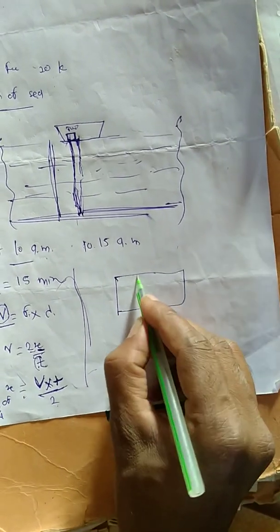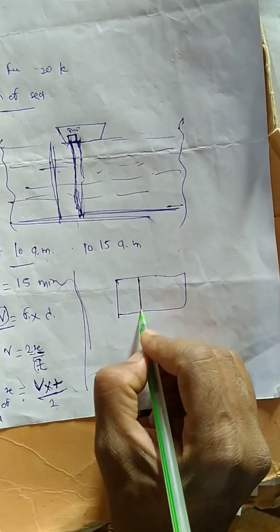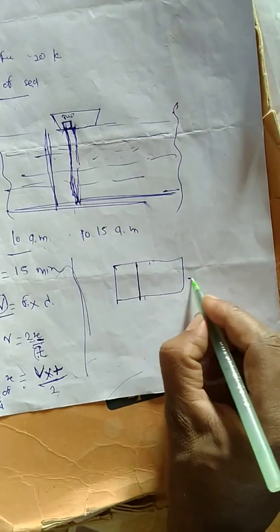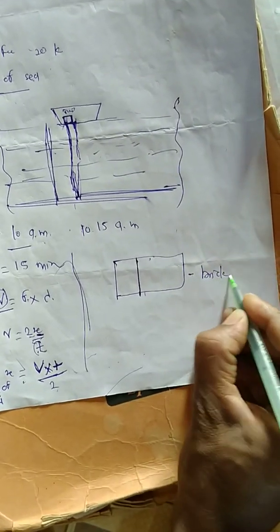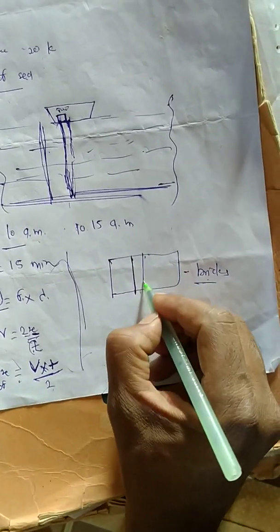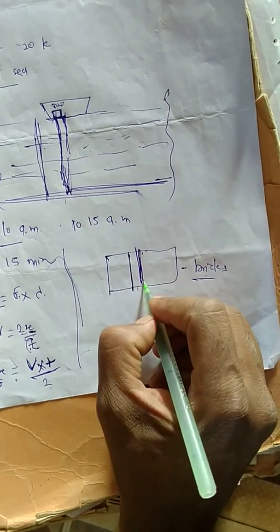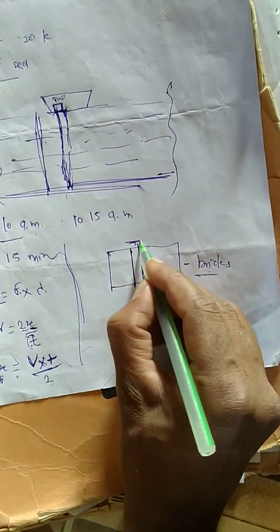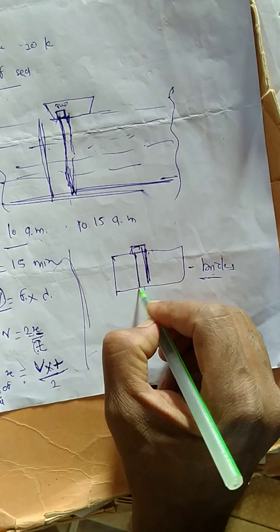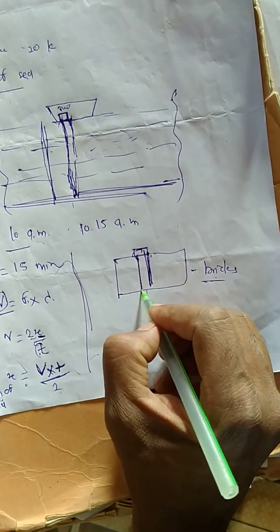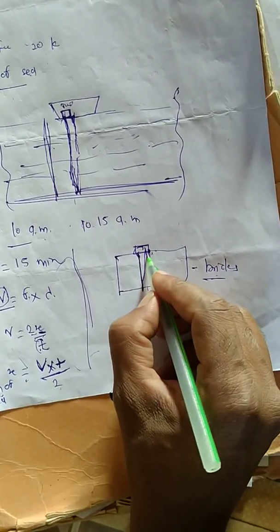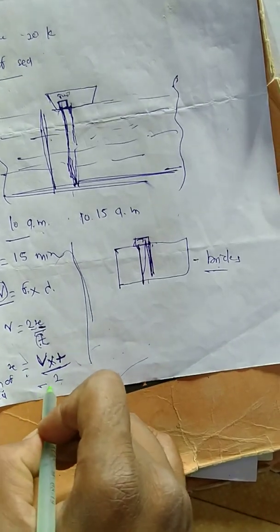With the help of this ultrasonic testing method, we can measure the thickness of any material. For example, these are bricks. If you want to measure the thickness of these bricks, simply send a signal and receive the signal. Note down the time and put it into this formula.